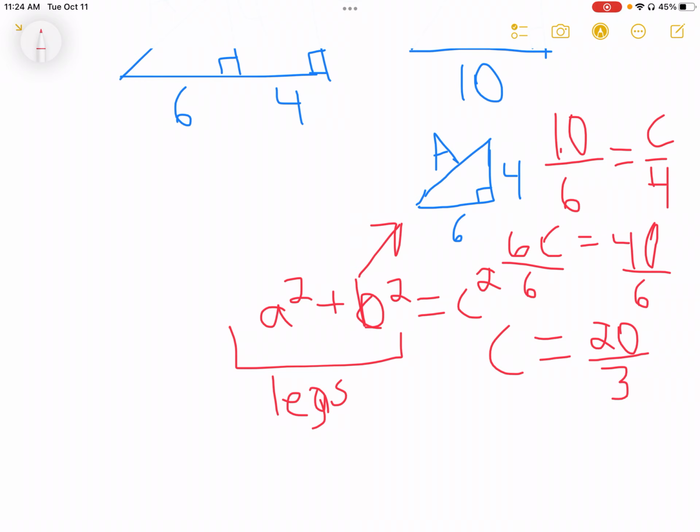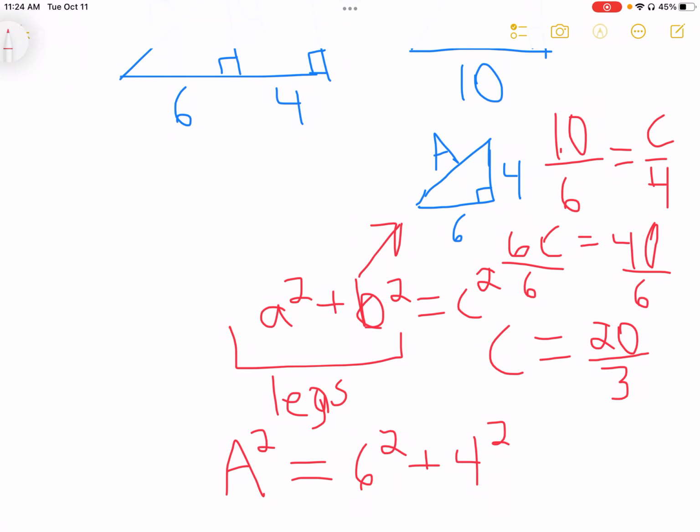So that means that if I wanted to find my a squared, I'm just trying to draw a parallel here, then I'd say a squared is equal to 6 squared plus 4 squared, right? Those are my legs.